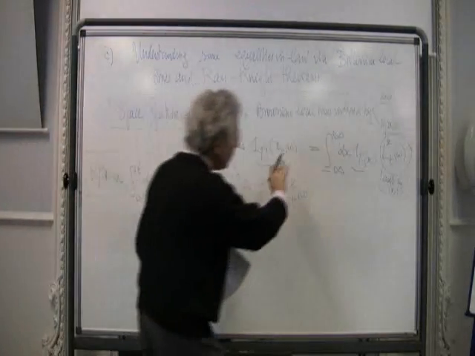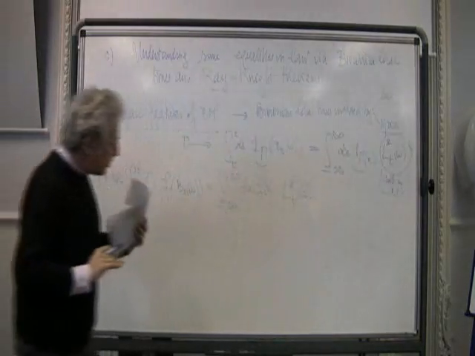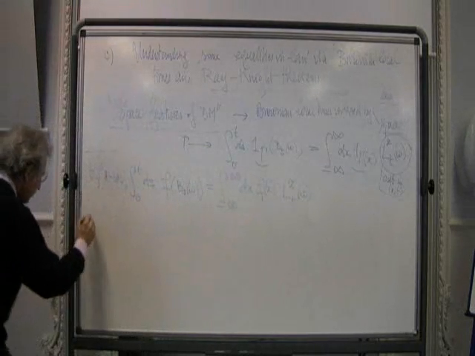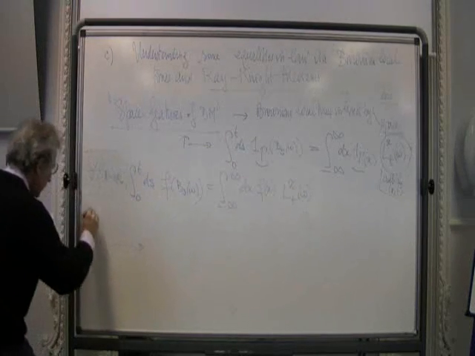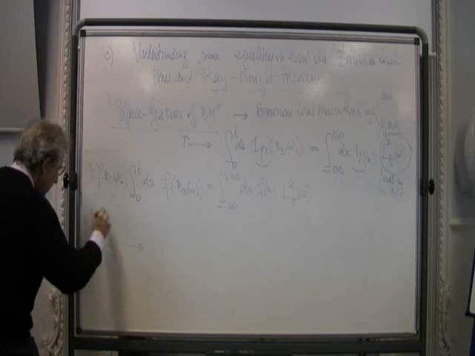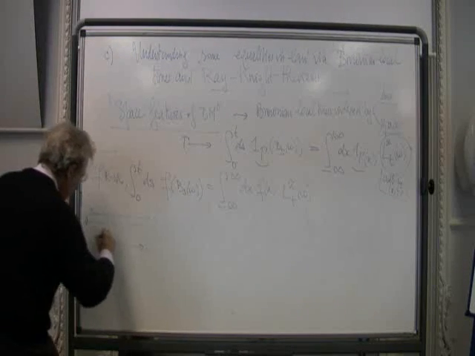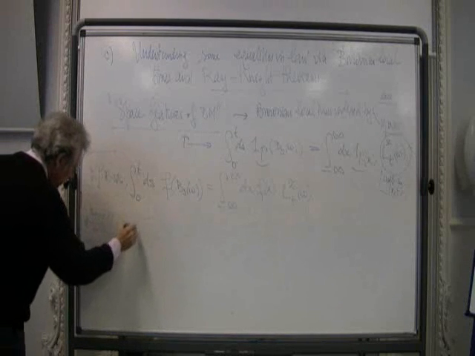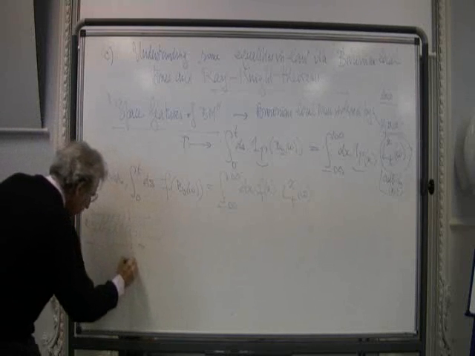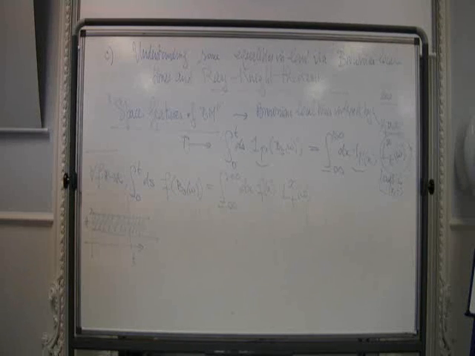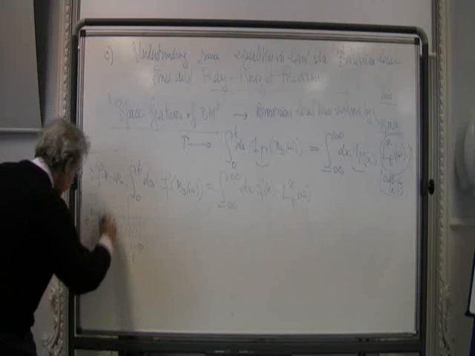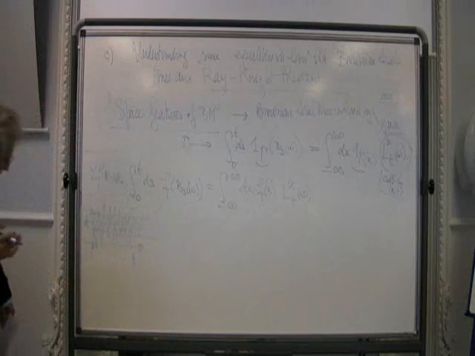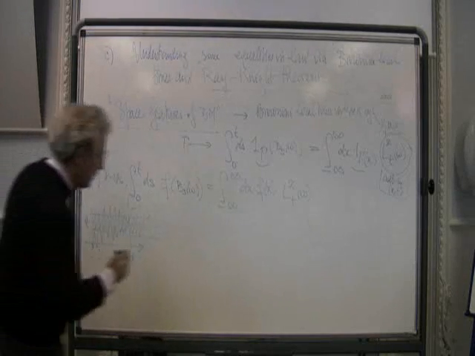So I want, for the moment, to justify this term local time. Let us consider a certain level a. Let us fix a and consider a plus epsilon and a minus epsilon. So we have this little band here, and time goes up to little t, and we are interested in the time which Brownian motion has been spending between a minus epsilon and a plus epsilon.